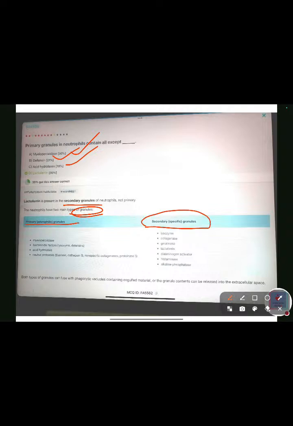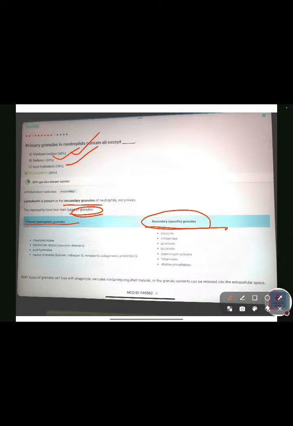Let's talk about this. Primary granules of neutrophils contain all except lactoferrin. Myeloperoxidase is present, which is a very strong bactericidal enzyme. Lactoferrin is present in secondary granules, not in the primary granules. There are two main types of granules: primary is called azurophilic, secondary is called specific.